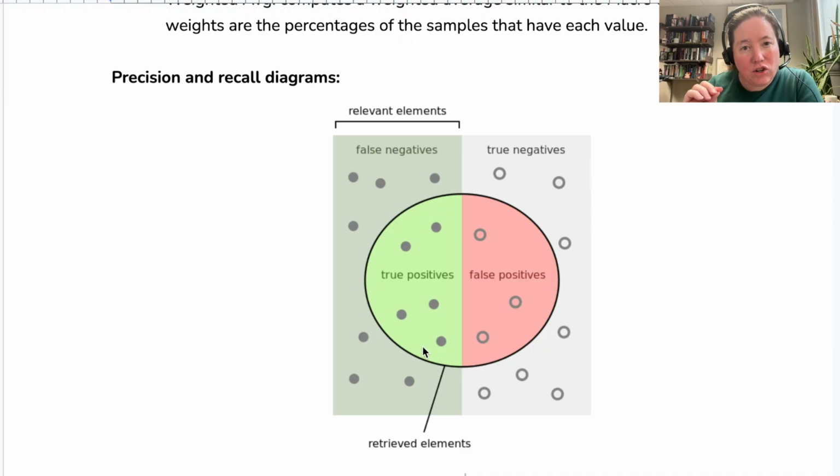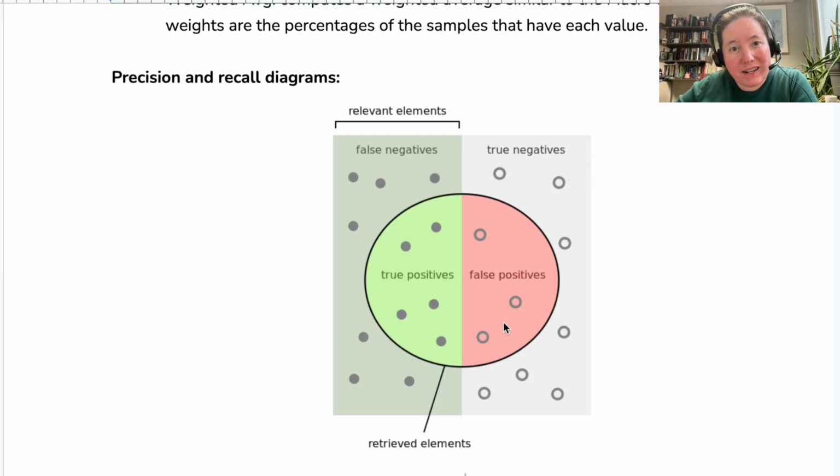It gave the incorrect answer for the elements that are outside of this circle on the left, because those, it said, were negative, but they actually were meant to be positive. And it gave the incorrect answer for the values in the circle on the right, the red part, because those were meant to be negative.